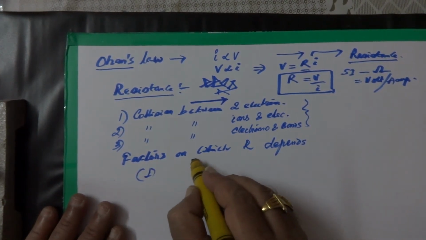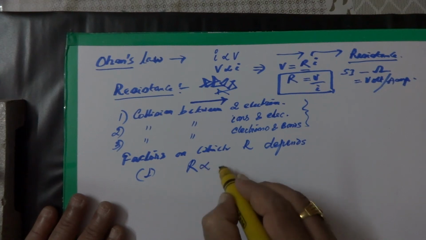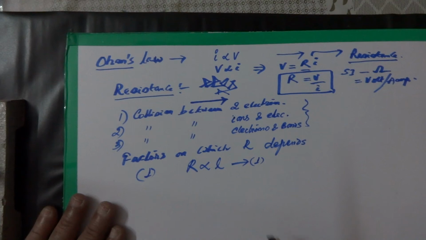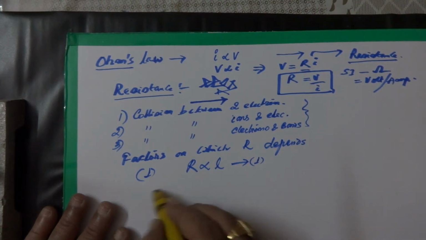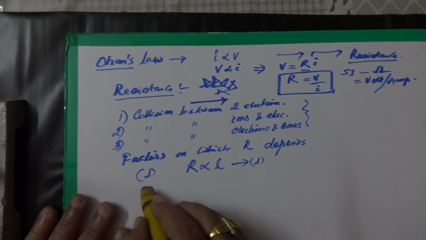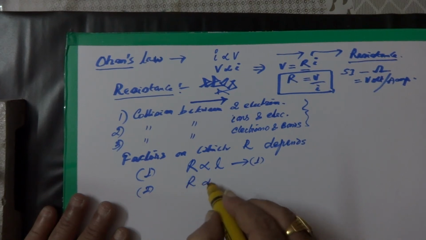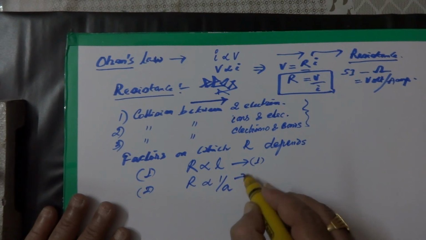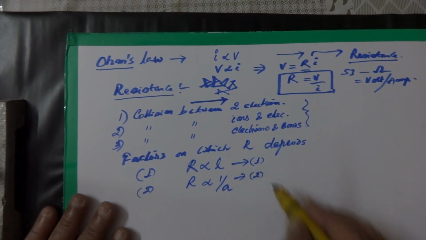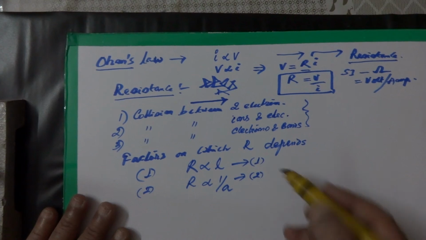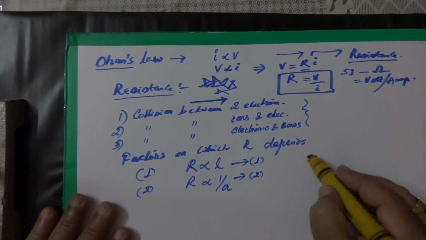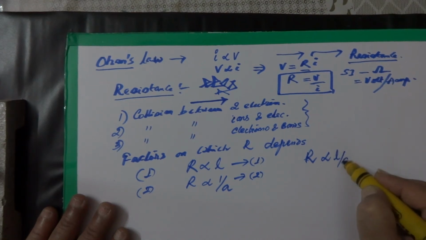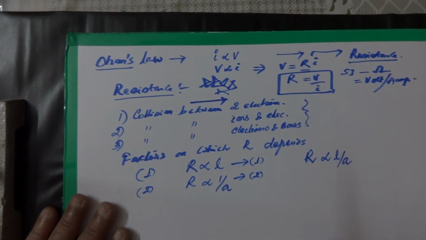Length of the conductor. The more the length, the more the resistance. So this is the first statement. Now this resistance is inversely proportional to the area of cross section of the conductor. This is the second. Now if you combine these two statements, resistance is directly proportional to L by A.